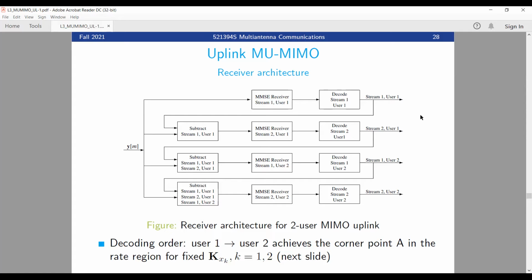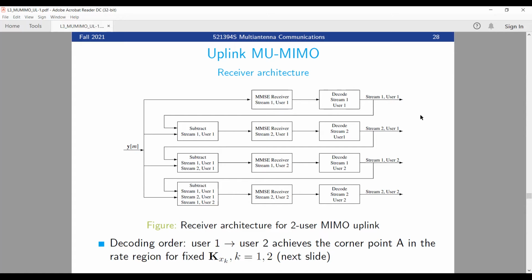Now we have decided that user 1 is decoding first. That's lower priority, so it's decoding first. User 2 is then decoding second without any interference. And then we choose one stream. From the user sum rate perspective, it doesn't really matter which stream we choose.